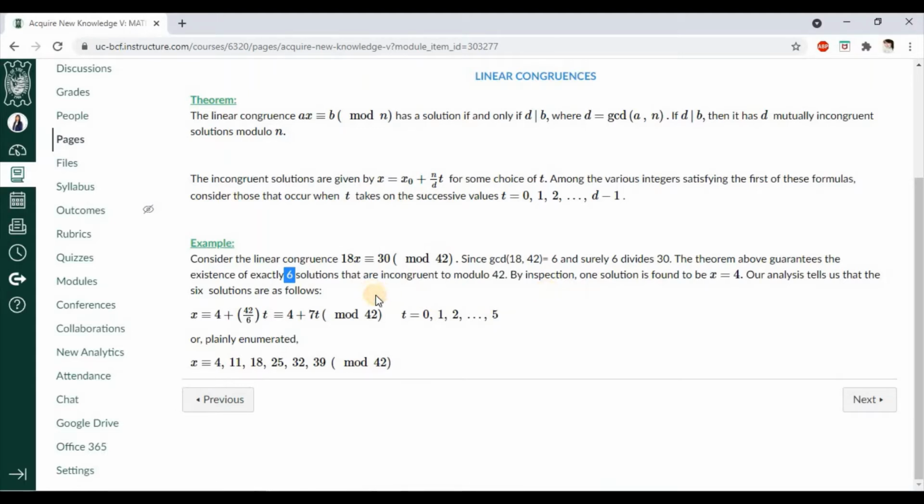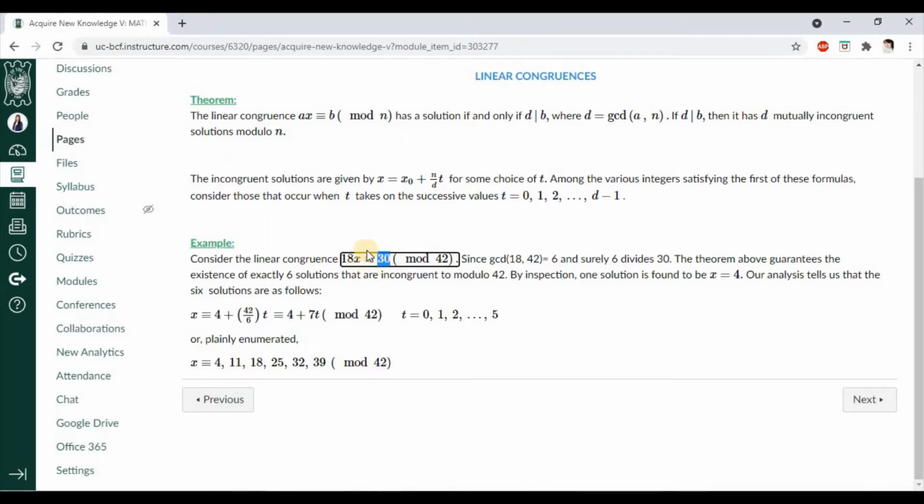Okay? So, by inspection, ang unang-unang hahanapin natin is the x sub 0, or the first value of x that will satisfy this congruence statement. So, mag-trial and error kayo. If you try to substitute 1, so we have here 18 times 1, hindi naman lalabas si 30, tama? 18 times 2, hindi rin naman lalabas si 30 as your remainder.